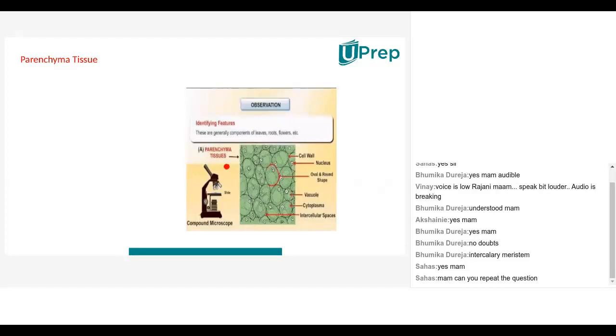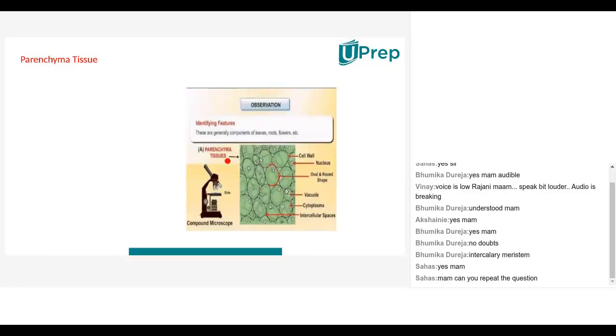You will find parenchyma in almost all parts of the plant: in roots, stems, leaves, flowers, branches, all parts. Usually we call parenchyma tissue ground tissue or fundamental tissue because it is present all over the plant body. Okay. Now, let me explain why these characters are so for parenchyma tissue.